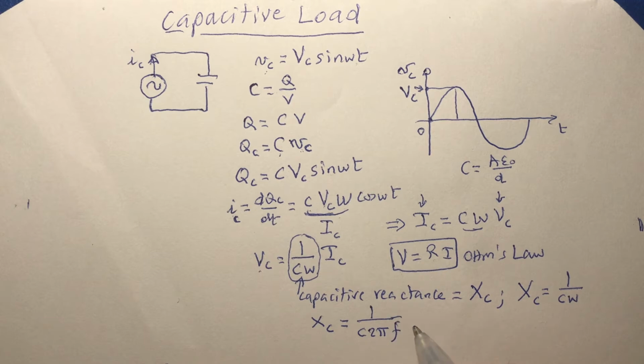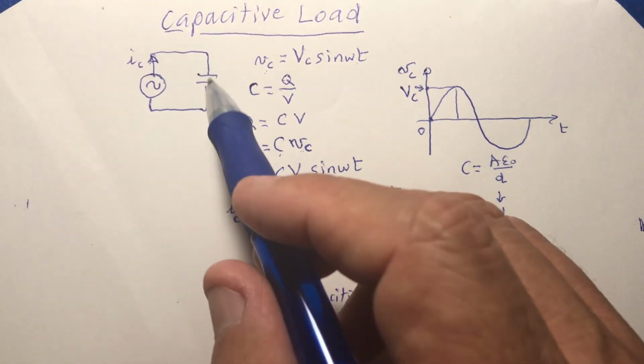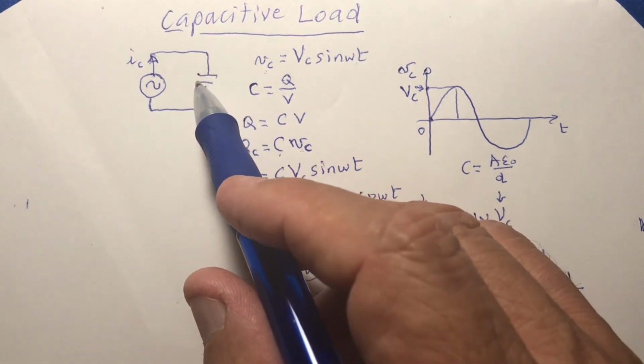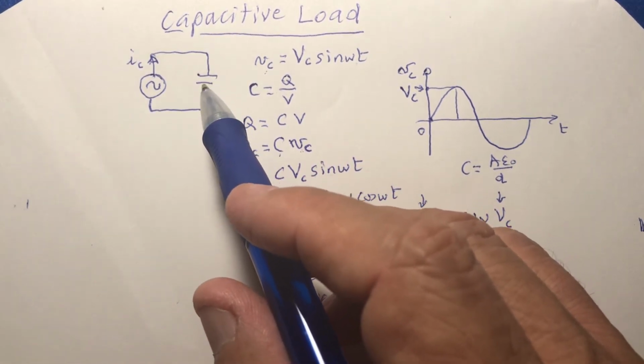Something interesting happens here. C is constant, 2 pi is constant, F is variable. So if the frequency is so high, the resistance or the reactance goes to 0. So if the frequency of the cycle is so high, this capacitor will play the role of a wire.